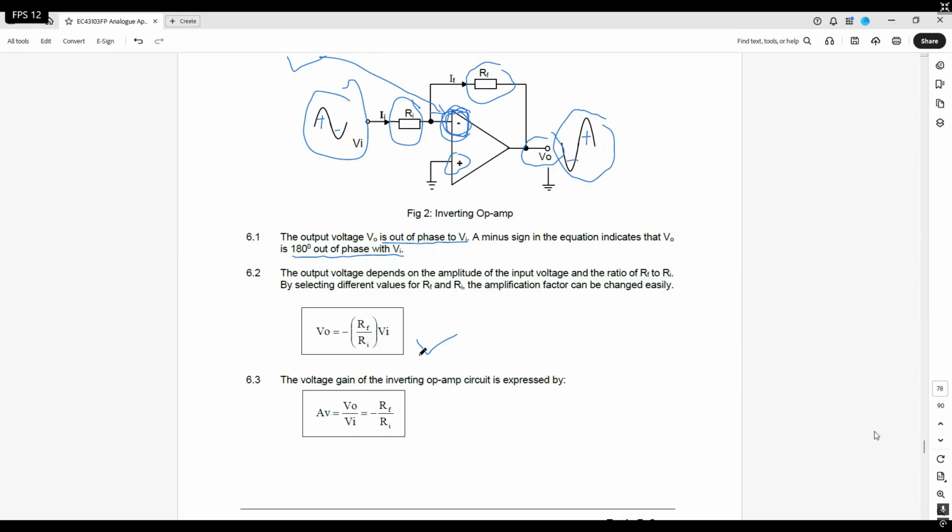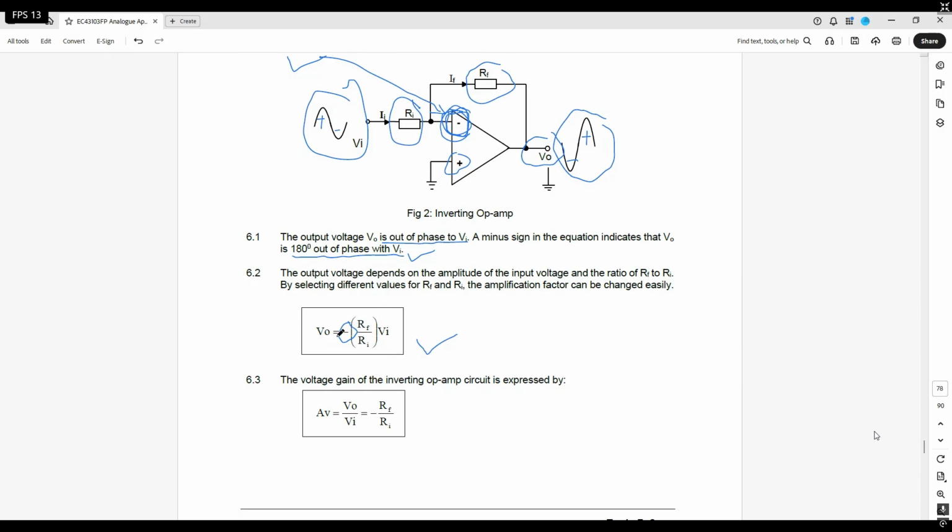You can see a minus sign here, again because your input is going to this negative or inverting input. That's why the negative sign is there, and also to tell you that they are 180 degrees out of phase, as just mentioned.